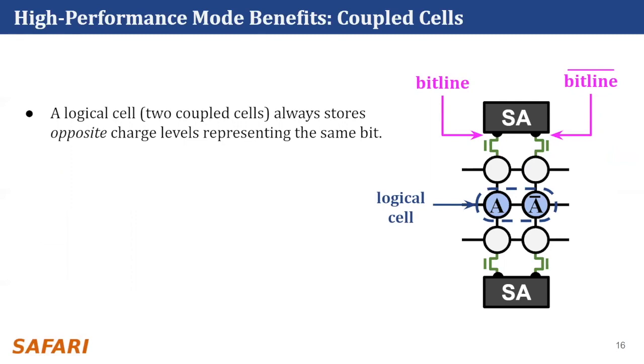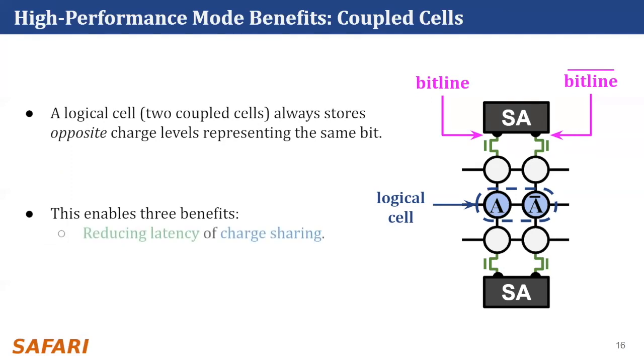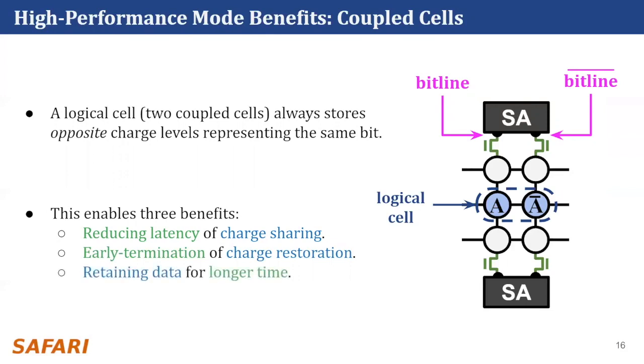This is because the sense amplifier always drives the two bit lines that each of the coupled cells is connected to respectively into complementary voltage levels. This property of a logical cell enables three benefits to the operation of a high-performance mode row in CLR-DRAM. First, it reduces latency of charge sharing. Second, it enables the early termination of charge restoration. Third, it enables retaining data stored in the logical cell for a longer period of time.